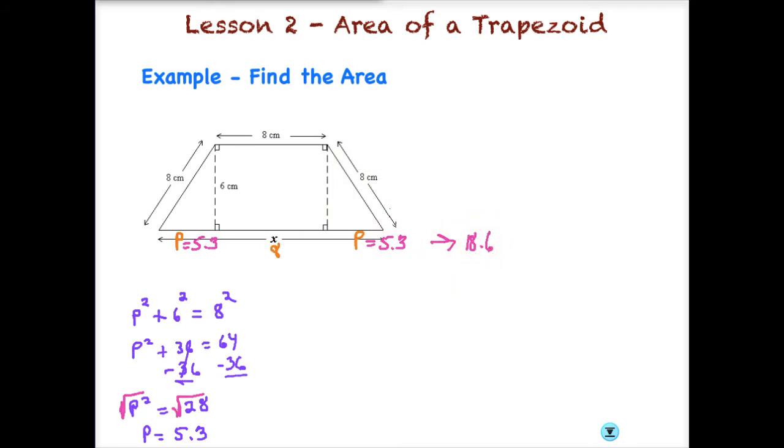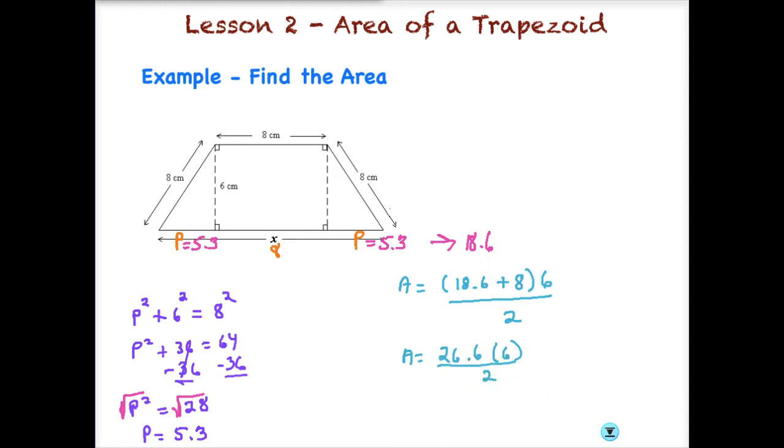I'm now ready to find the area of my trapezoid. I've plugged everything into my equation. I have one base plus my second base times my height divided by 2. Following my order of operations, I would go ahead and add this together first. So I would get 18.6 plus 8 is 26.6 times 6 divided by 2.